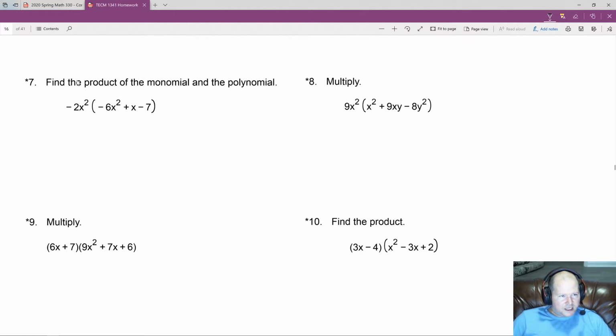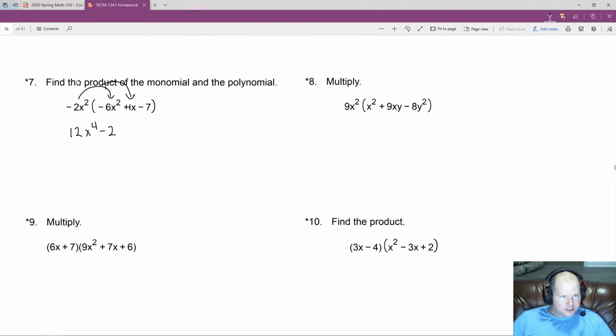So we end up with negative 2x squared multiplied by negative 6x squared plus x minus 7. So we say negative 2 times negative 6 is a positive 12. And x squared times x squared is x to the 4th power, because 2 plus 2 is 4. Then negative 2 times positive 1: a negative times a positive is a negative, so you just keep the negative 2.